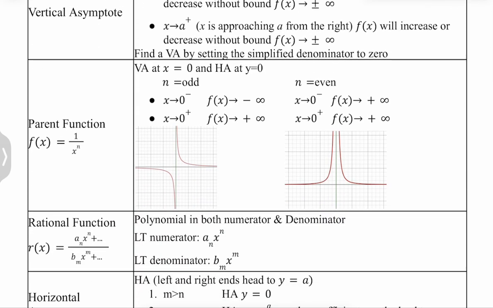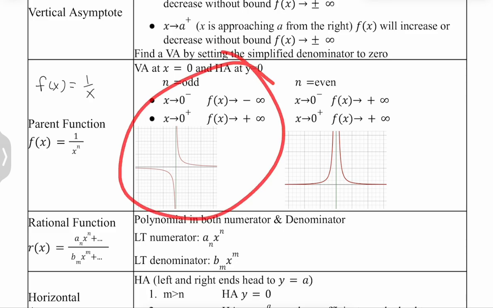Now, our parent function, 1 over x to the n, would definitely be the one we already know. Our reciprocal function falls in this category. If the power is odd, we'll have a vertical asymptote at 0 and a horizontal asymptote at 0.